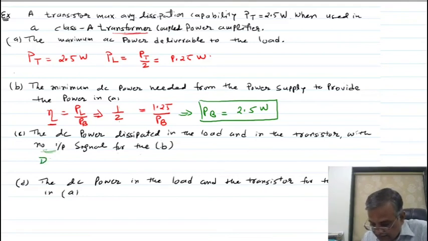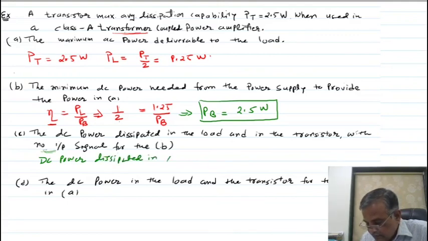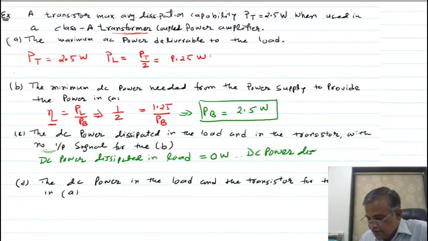As a result, DC power dissipated in load is ideally 0 watt. Therefore, DC power dissipated in transistor is equal to 2.5 watt.